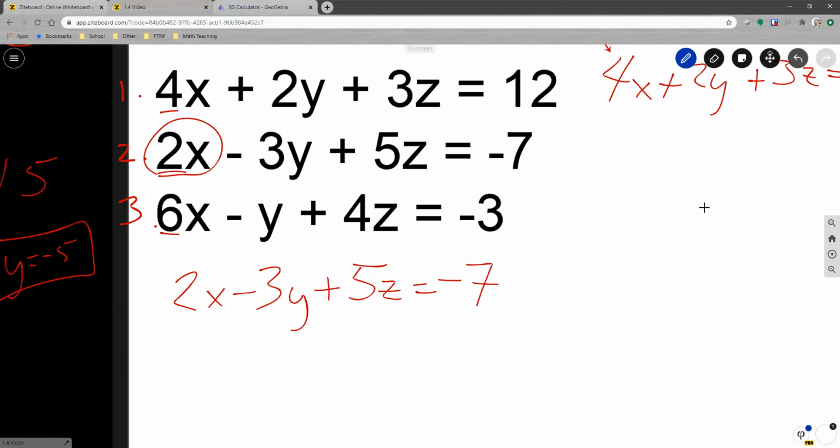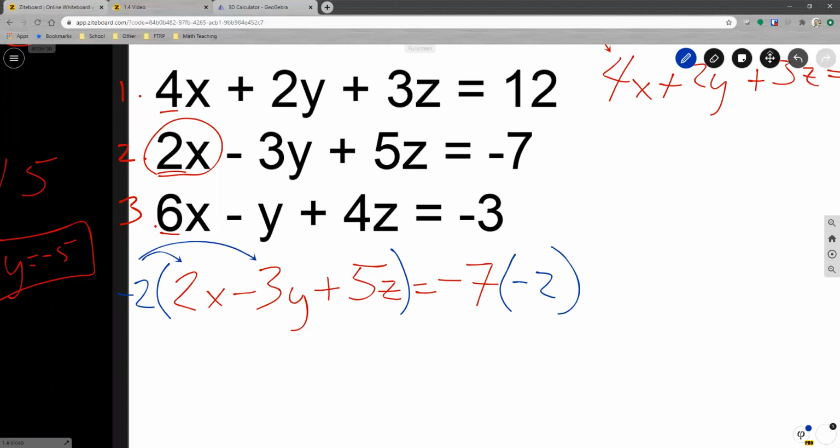If I need to get a negative 4x, I'm going to multiply this entire equation by negative 2. I have to do that on both sides of the equation. Because remember, with any algebraic statement, if you change one side of the equation, you have to do the exact same changes to the other side of the equation, or the equality breaks down. It's no longer equal.